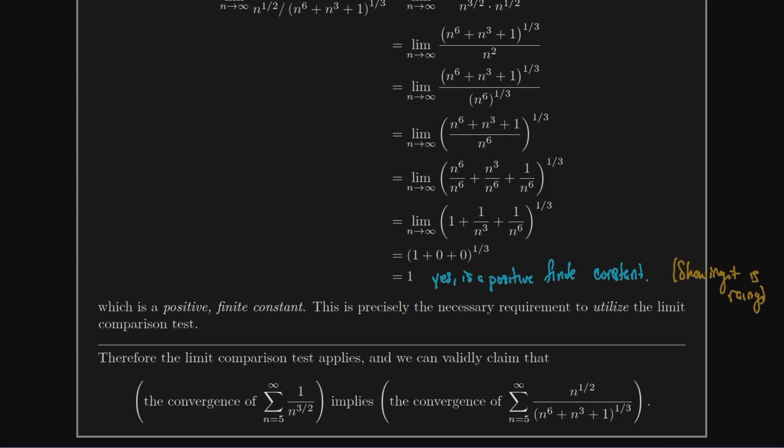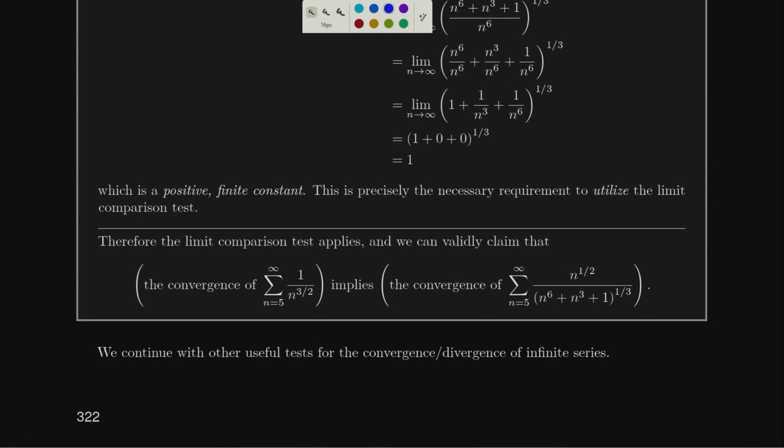So then I can go ahead and conclude that the convergence of 1 over n to the 3/2, which does converge by the p-test, implies the convergence of my original series, which is a lot harder to actually calculate. So that's a lovely example of the limit comparison test.